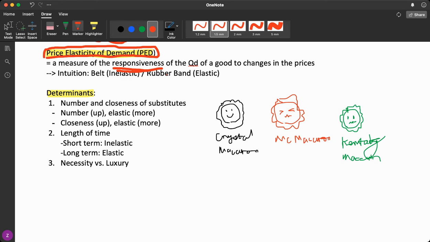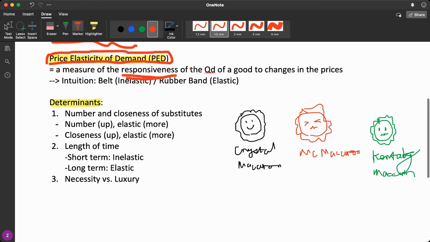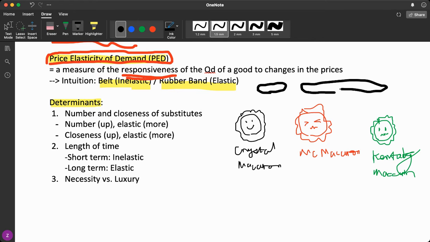Something that really helped me understand this concept of elasticity and build up economic intuition is the analogy of a rubber band and a belt. As you all know, a rubber band is fairly elastic. That means if I pull the rubber band, its shape will be easily changed, right? But a belt is relatively inelastic.